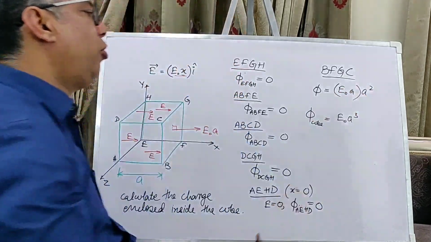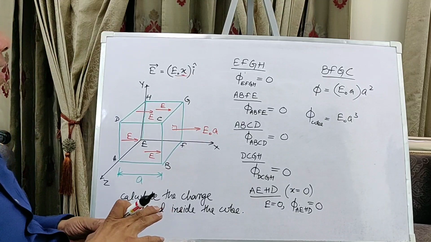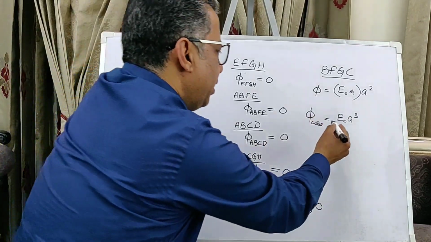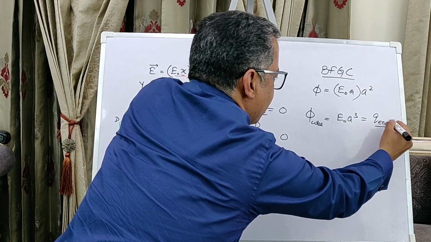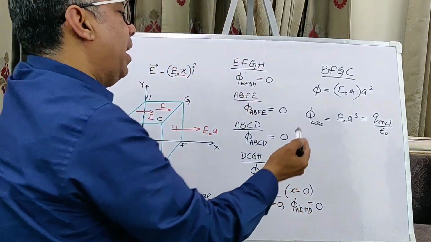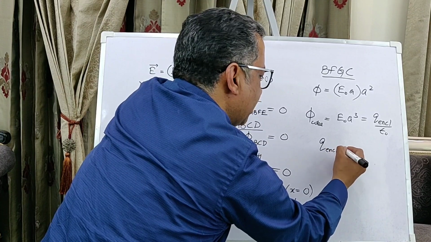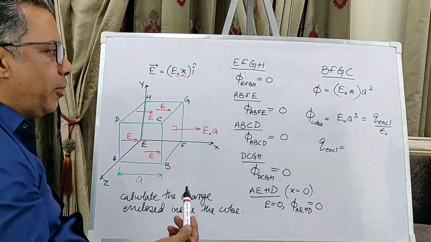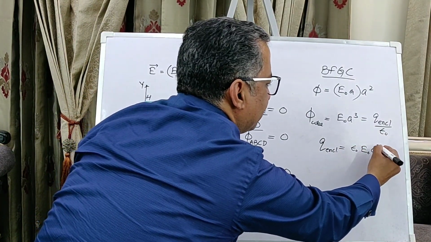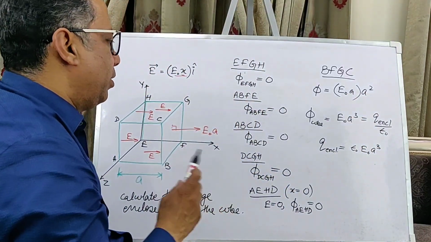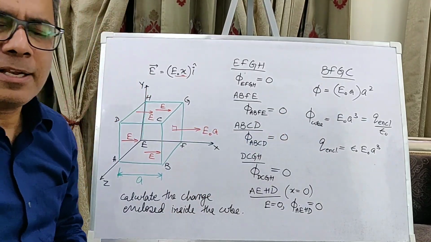There is only one face of the cube which has any flux through it, so this is that flux, and this total flux will of course be equal to the enclosed charge divided by epsilon naught, and this simple equation now gives us the magnitude of charge enclosed inside the cube, and it will be equal to epsilon naught E naught a cubed. So the charge enclosed inside the cube has been calculated.